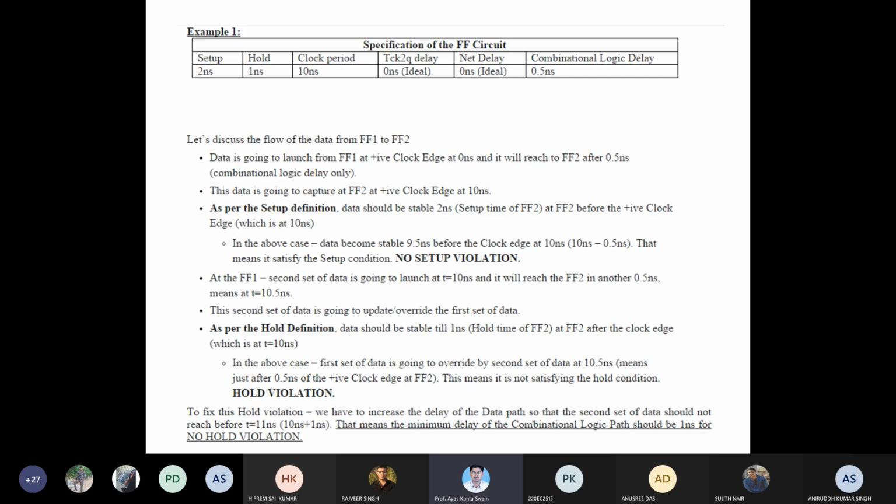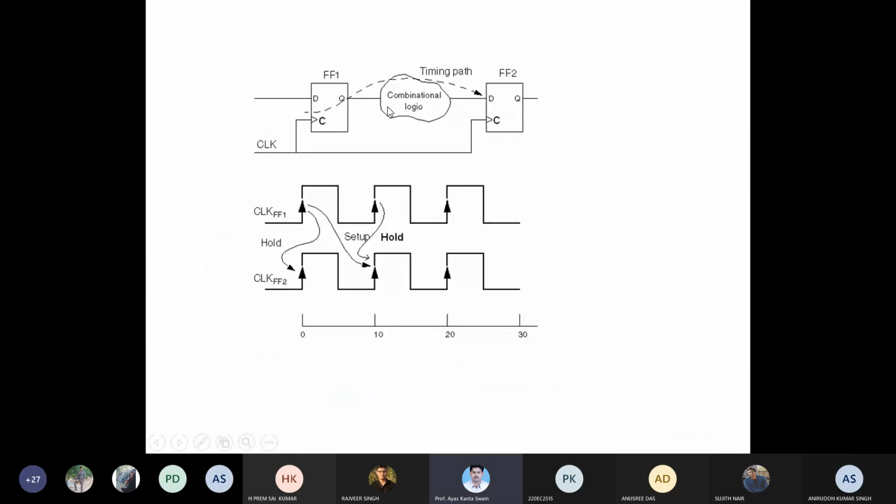But what happens here? The second set of data is going to update and override the first set of data because it reaches only after 10 plus 0.5 nanosecond. Your combinational design, see, flip-flop 1 at 10 nanosecond launches another data which took 0.5 nanosecond to reach here.